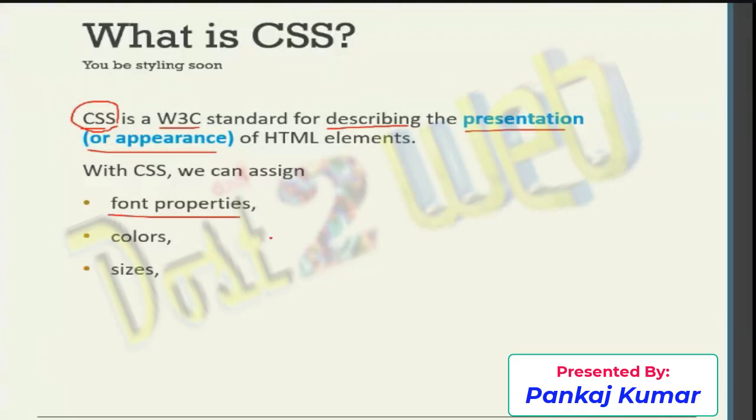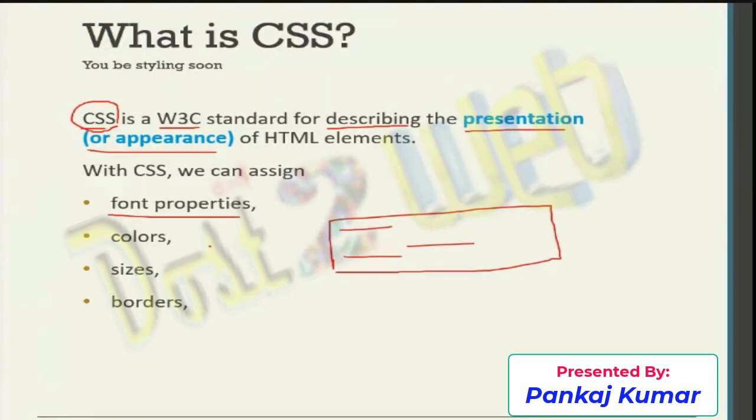Then you can define the size of any text also. You can define borders. The moment you define a paragraph, you may want that paragraph to be written inside a particular border, like I want it designed this way, and inside that our content will be there. This will be done with the help of CSS. That is, borders you can define.